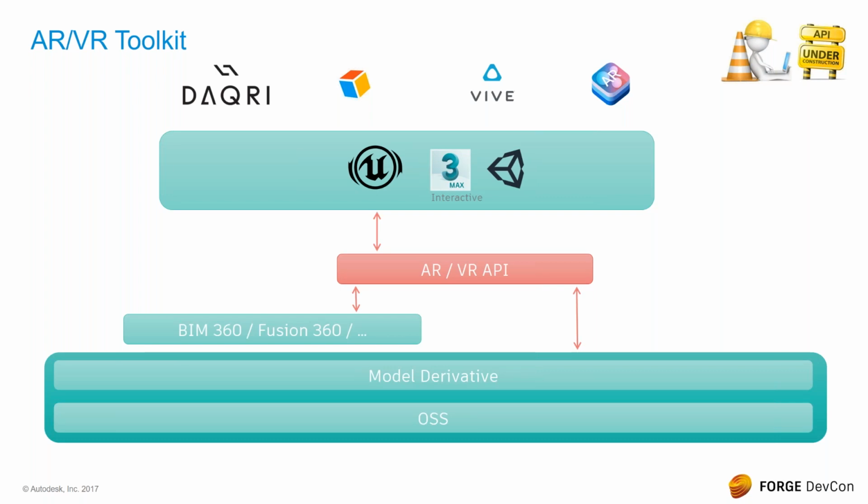Because Forge Model Derivative Service has this ability to take in something like 65 different file formats and bring those into a browser or mobile device. We're taking advantage of that fact, and the AR/VR toolkit here will do some post-processing on that file after it's come through Model Derivative, and then allow it to be streamed into things like Vive, for example, or Unity.